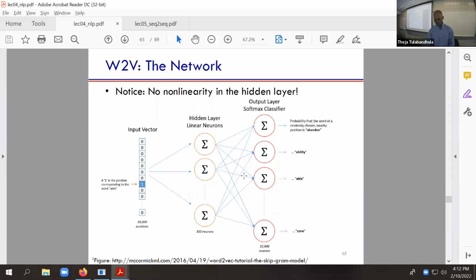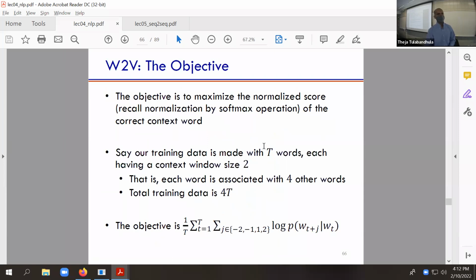So this is the network. The objective, as I said, is to maximize the normalized score or probability of the correct nearby word. If you think of the loss function, say every word has a context window of size 2, which means 2 words before and 2 words after.